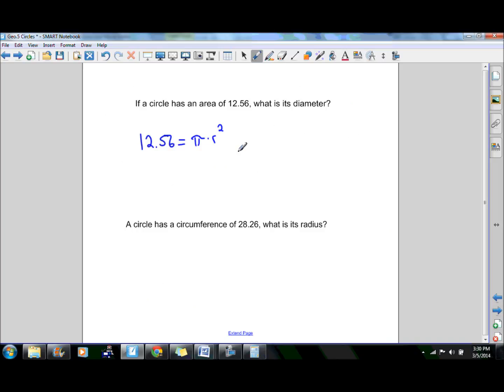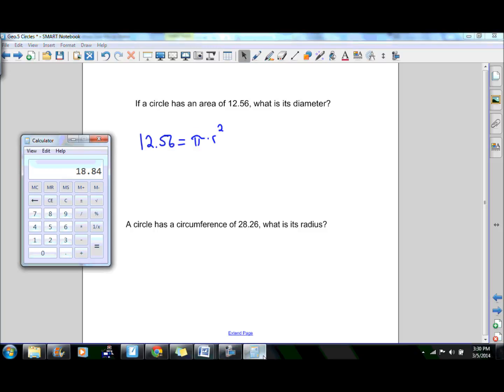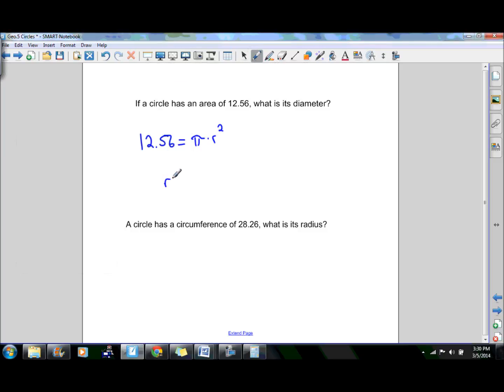And therefore, in this example, we would try to divide by the value of pi. It becomes 12.56 divided by 3.14, which is 4. So we know that the radius squared is equal to 4. So then we can find that the radius would have to be 2, because 2 squared is equal to 4.